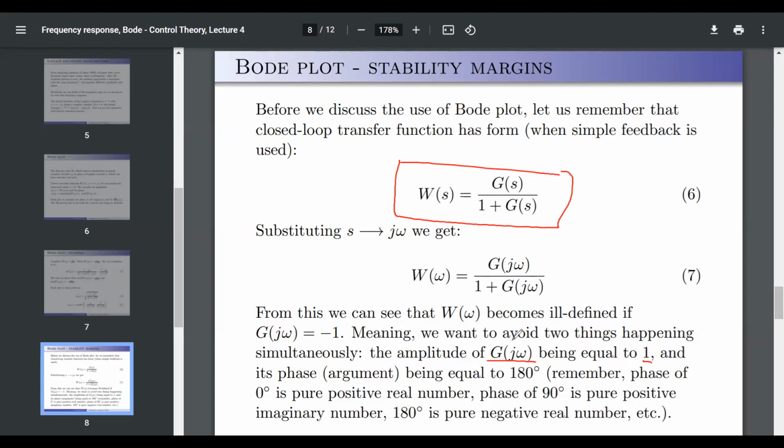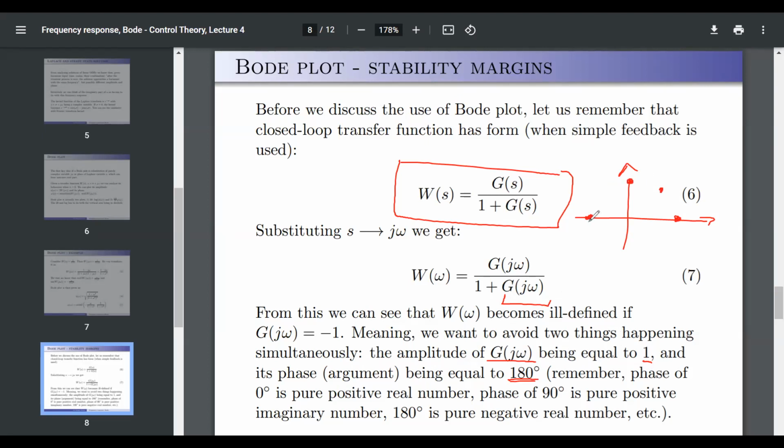And the phase of this function would have to be equal to 180 degrees or -180. That doesn't matter. Why 180? Well, think of the complex plane. Here is phase 0. Here is phase 45 degrees. Here is phase 90 degrees.